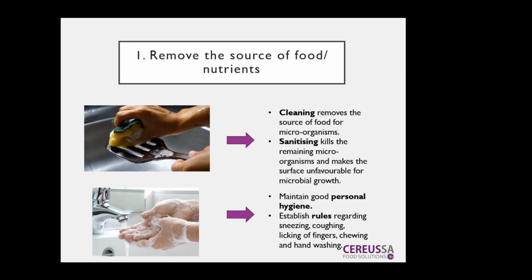We must also maintain good personal hygiene and establish rules regarding sneezing, coughing, licking of fingers, chewing, and hand washing. By doing these things, we remove the source of contamination and the nutrients that the microorganisms need in order to grow. If there's no food and the surface is not favorable for them to grow on, they will not grow there.